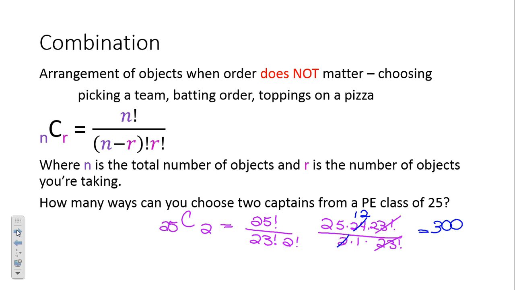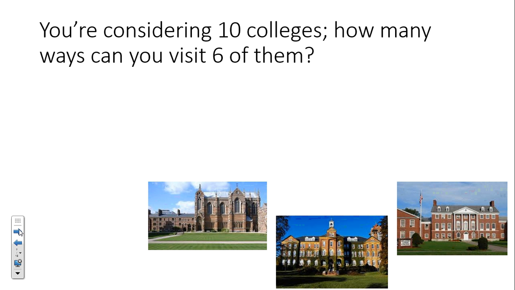All right. Another quick question then. You're thinking about colleges now, and there's 10 of them on your big list. In how many ways can you go visit 6 of them? Does the order matter here? We're not looking at our top 1, top 2, top 3 colleges, right?